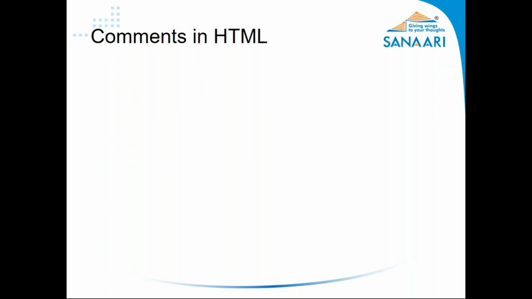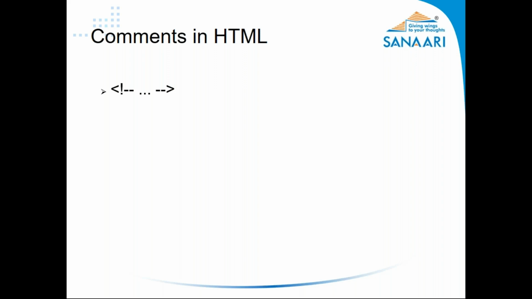Next, we have something called comments in HTML. Comments are something the browser ignores in rendering. If you put any content inside these two tags, the HTML will not render it. It will just ignore it. If it is ignoring it, then what is the use of putting these tags in the first place, right?